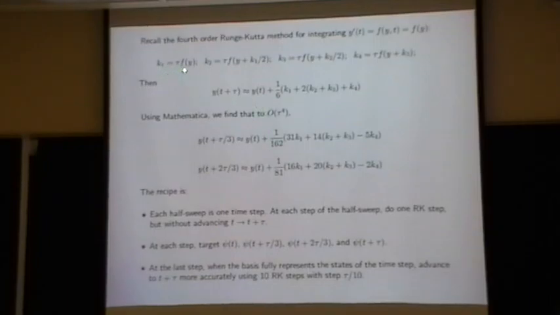So we need to apply the Hamiltonian 4 times to the state at t, and then we can calculate t plus tau over 3, t plus 2 tau over 3, and t plus tau using those 4 states. And we do 1 half sweep. We could do 2. We have to play with the number of half sweeps that we need to do to get good accuracy. But in practice, it turns out that 1 half sweep suffices.